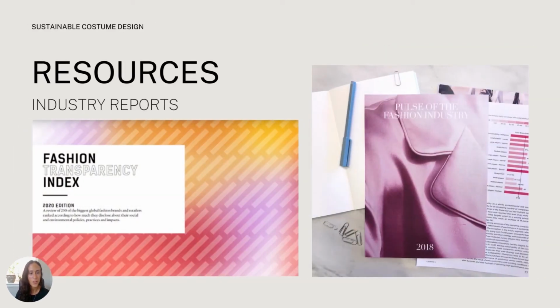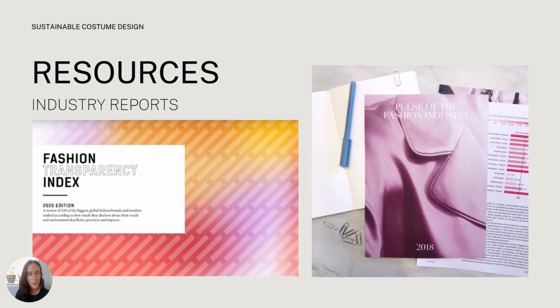A few other resources I'd encourage you to at least have a look through because they are free, online, downloadable, and they're packed full of information. They're quite lengthy, so if you love reading and looking through data, this is for you. If not so much, they do also have a lot of graphics and data reports. They're easily digestible. And you can also find big corporations and big brands, and more about their transparency and their accountability to sustainability.